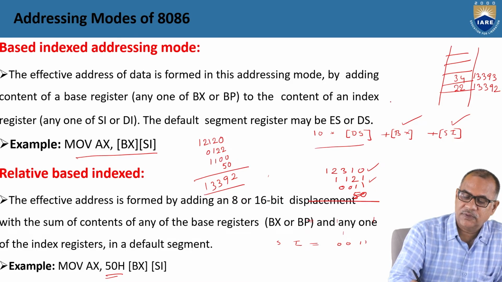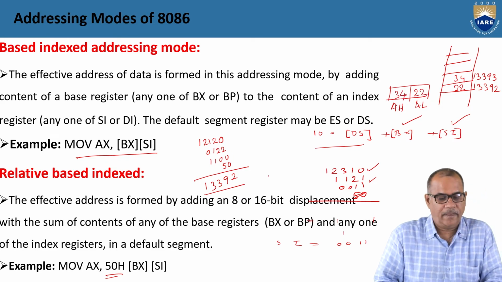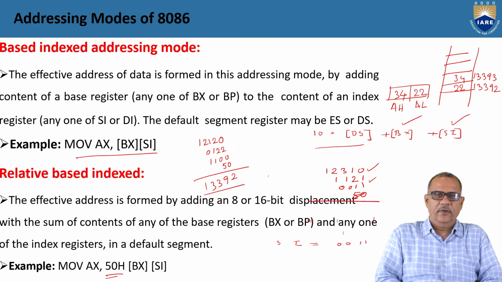This data is transferred to AX register, AL and AH. Here you get 22, and here you get 34. So this is relative based indexed addressing mode.